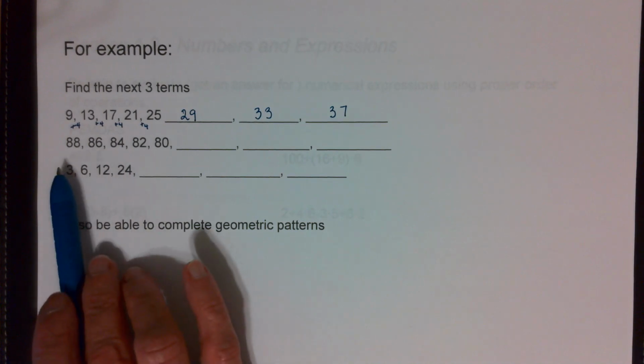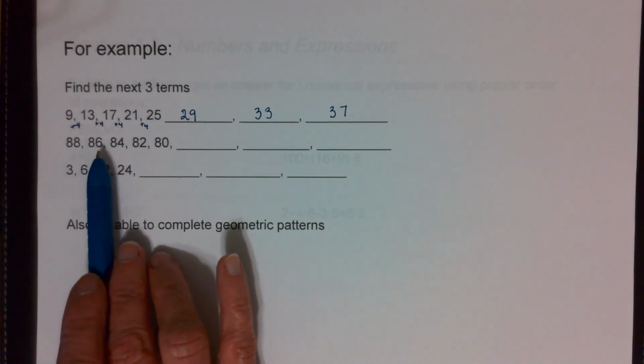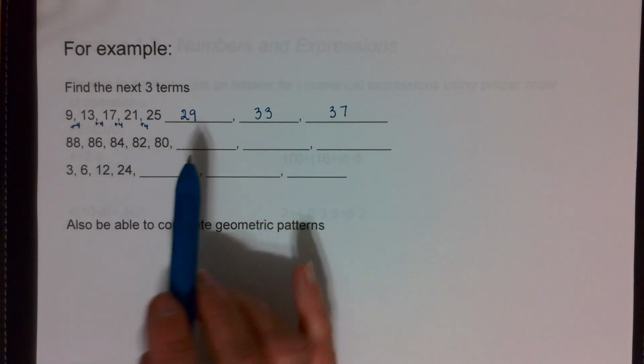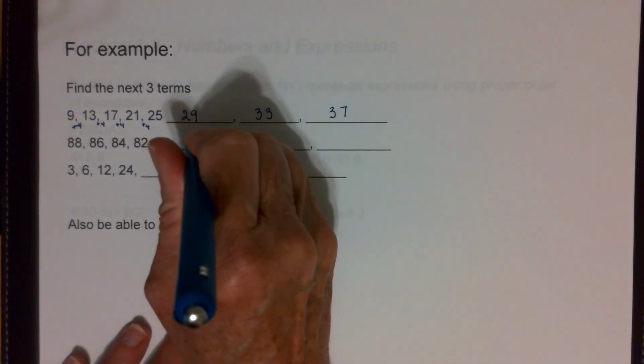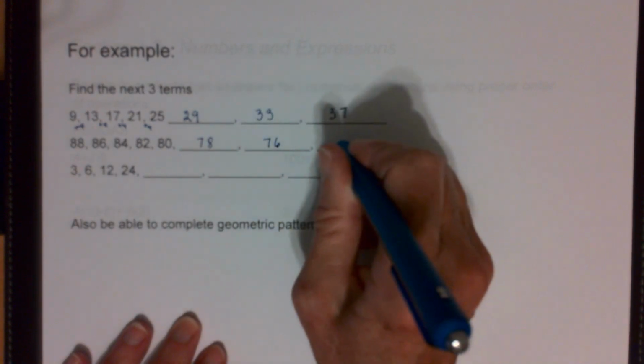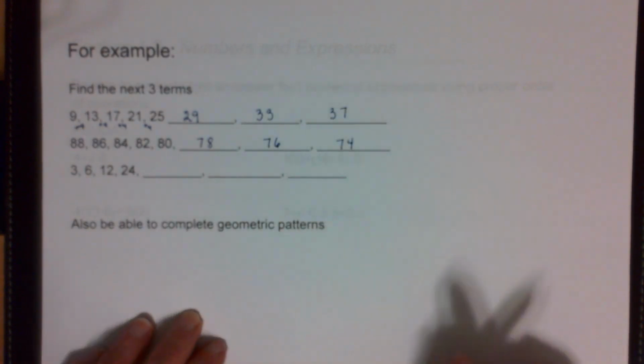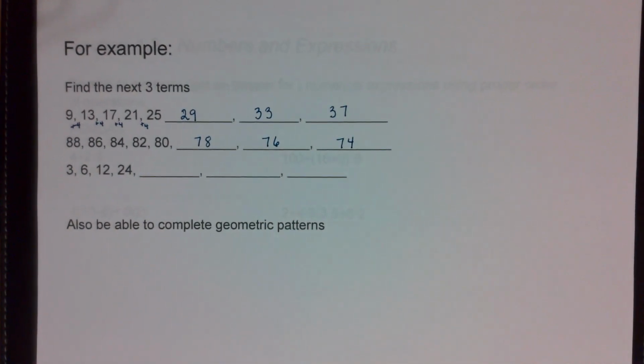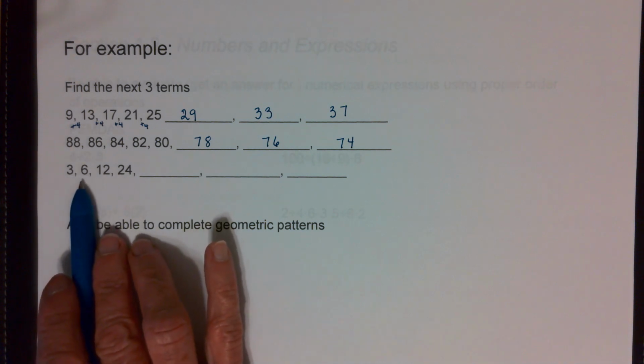Let me do the next one. You have 88, 86, 84, 82, 80. Continuing the pattern would be 78, 76, and 74. Notice that I've gone down by 2 each time. This last one on here, it looks like what I'm doing is I'm doubling it.